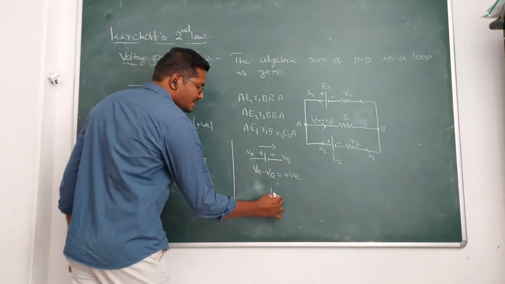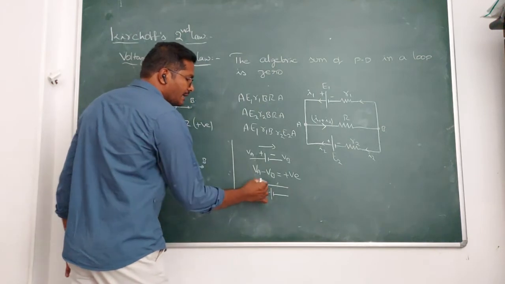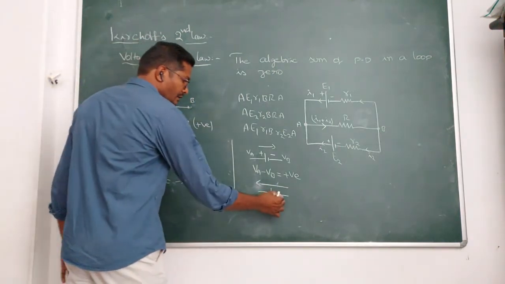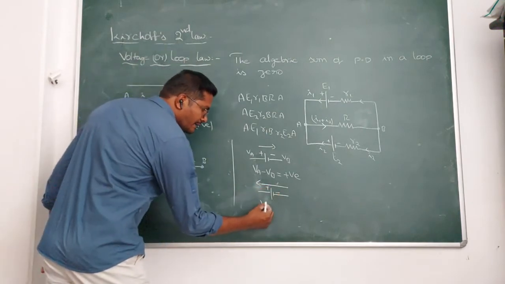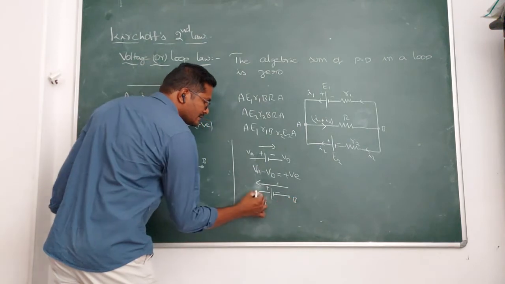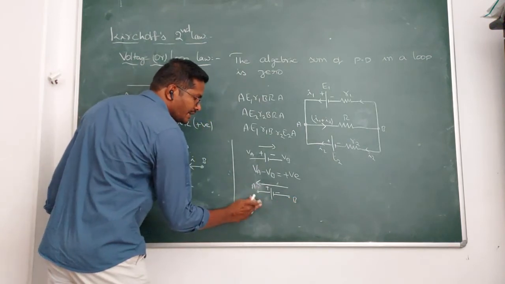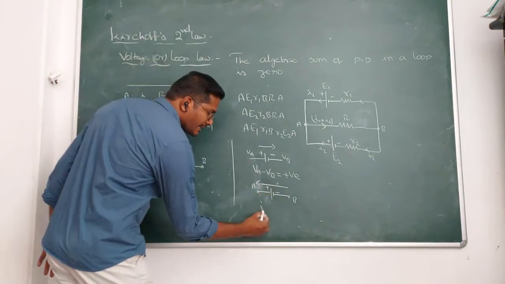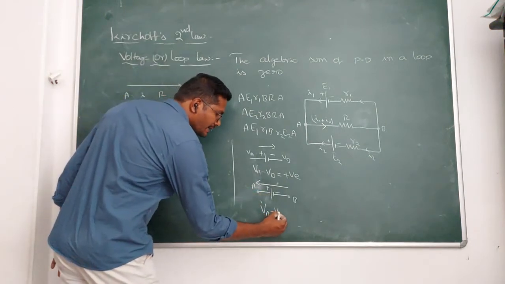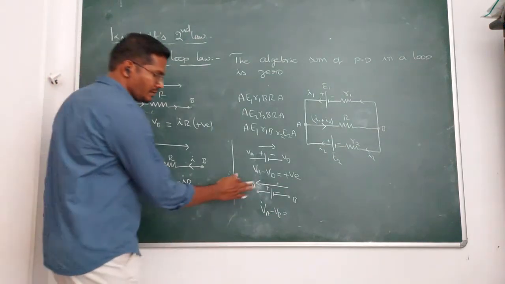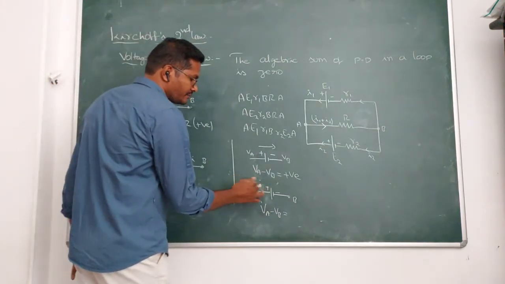Suppose this is a cell and you are calculating in this direction. This is point B and this is point A. Then VA minus VB, if you calculate in the same direction.